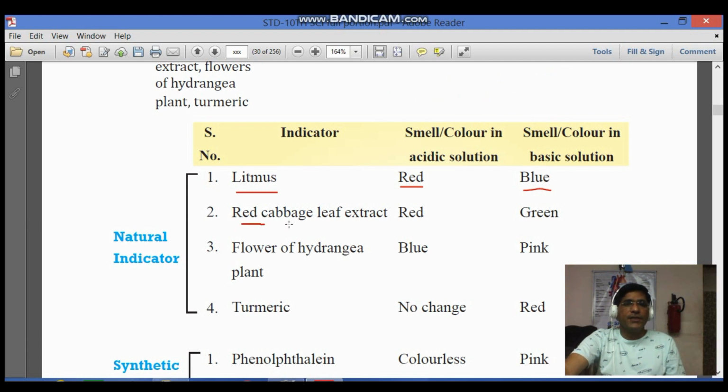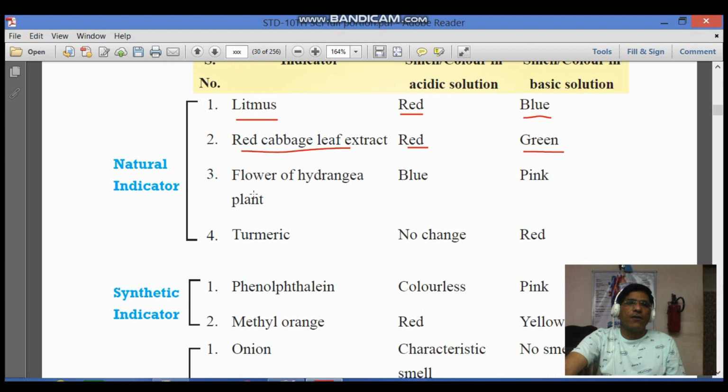Red cabbage leaf: when an acidic solution is there, it converts into red, or it can be green in base. Flowers of the hydrangea plant, first found in Japan, require more water. In acidic solution it is blue, in basic solution it is pink.